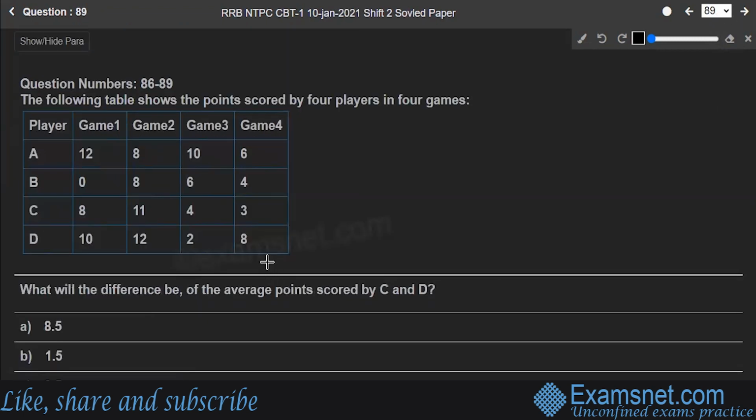Next is question number 89. What will the difference be of the average points scored by C and D? Right. So for that, you have to find out the average scored by C and D. First of all, the total which was scored by C were 26. Average of C will be 26 by 4, which is equal to 6.5.